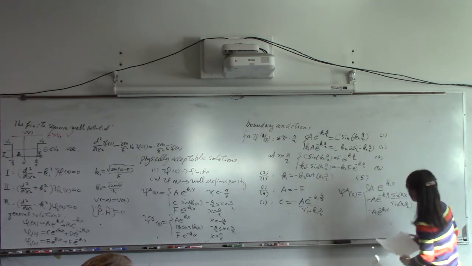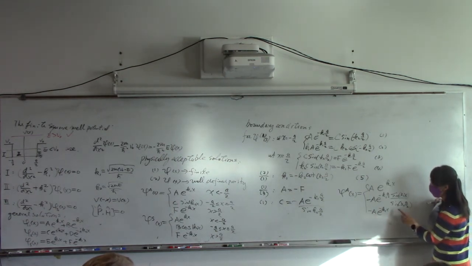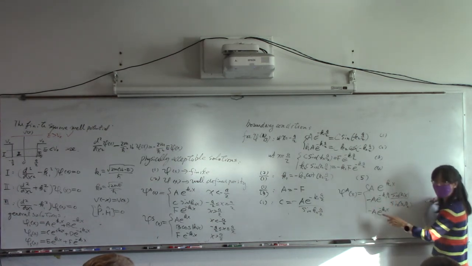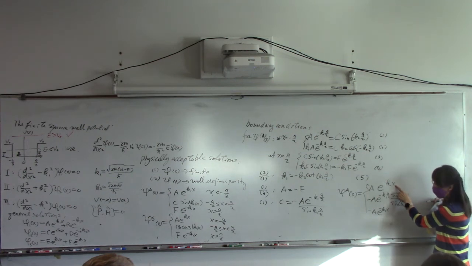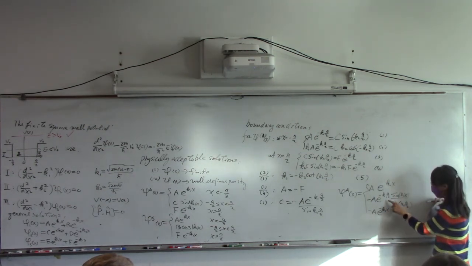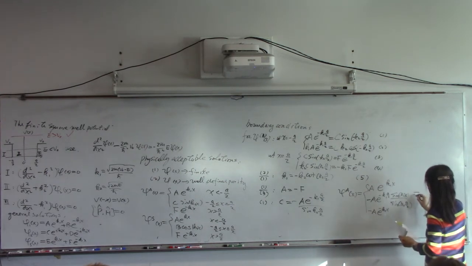Okay, so then you can double check. In this case, it satisfies antisymmetric. When you have x become negative x, this is negative, this plus, right? And this one itself, because sine x also changes the sign. So yes, you can double check.